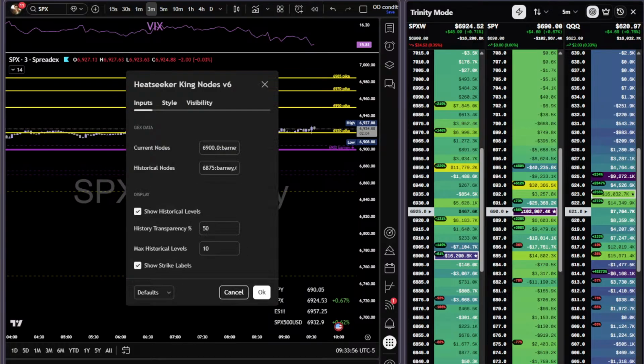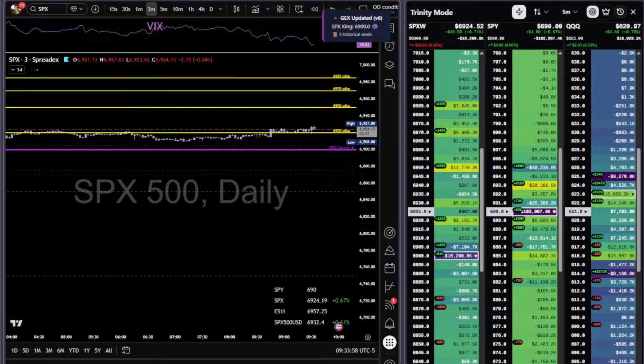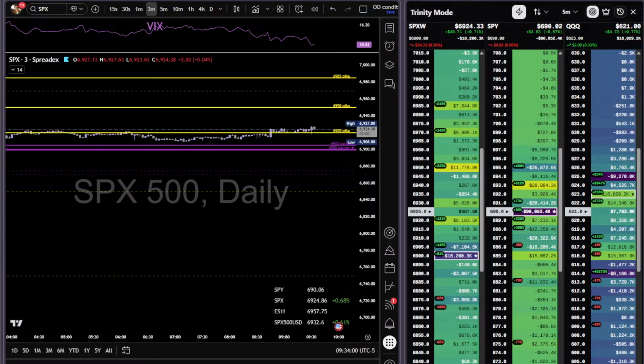Alright, looks like Qs come down through the 622. And looks like SPX or SPY sitting at the 690 with rate of change going up. Upside nodes gaining, downside nodes are getting weaker.